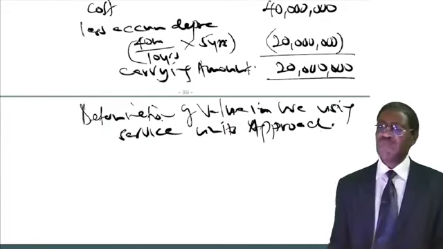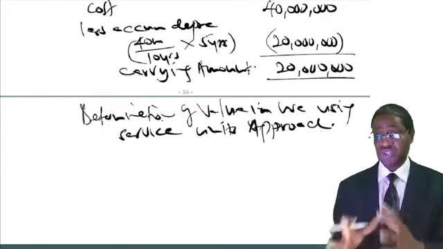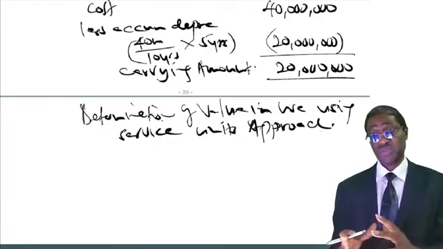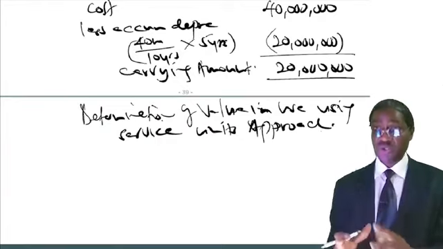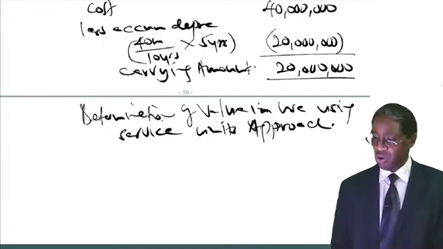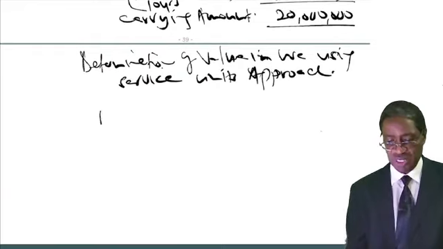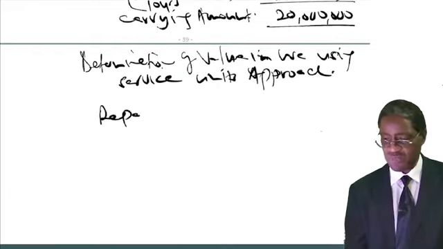I do hope you remember that with either method, the first thing you must do is compute what we called the depreciated replacement cost. First, let's get the replacement cost.